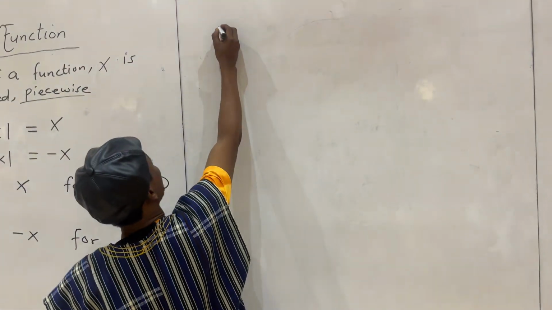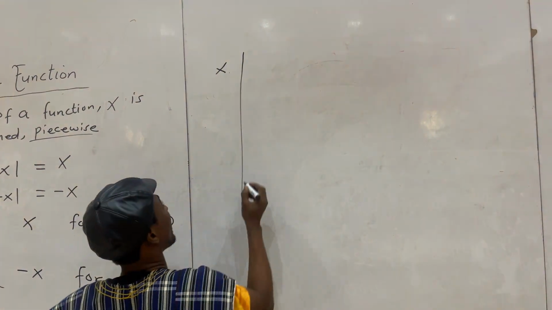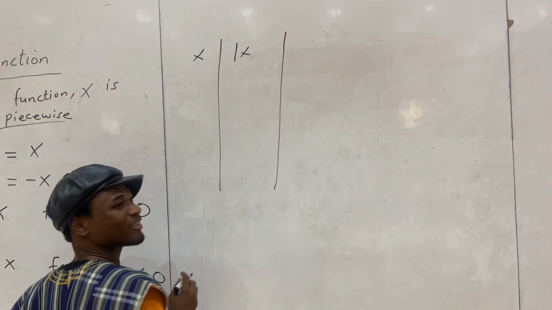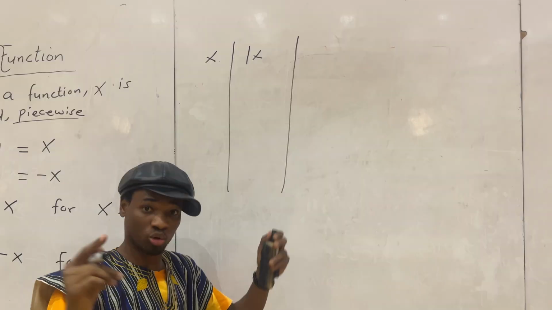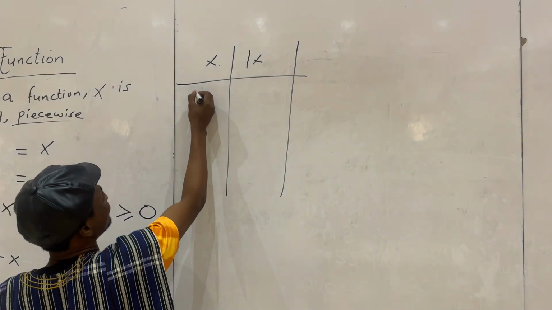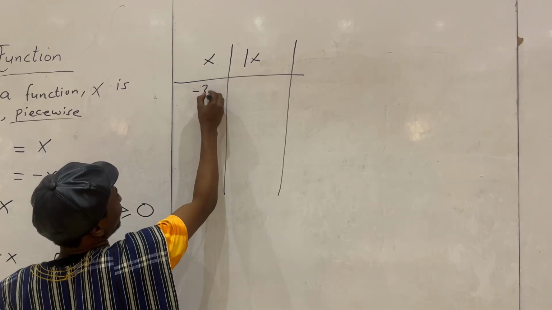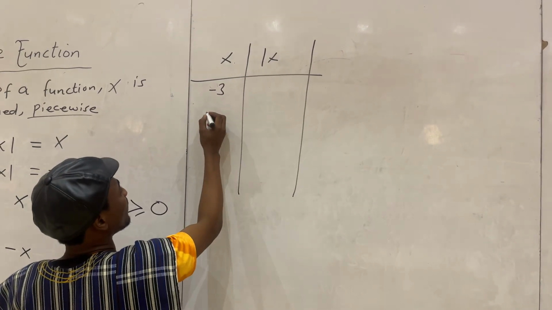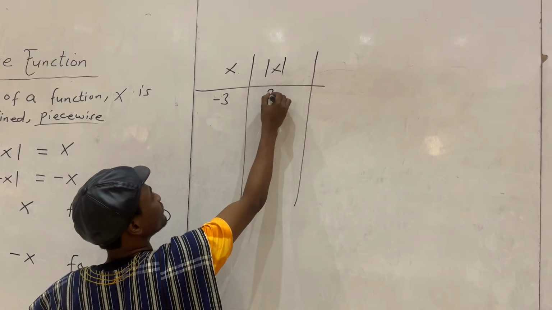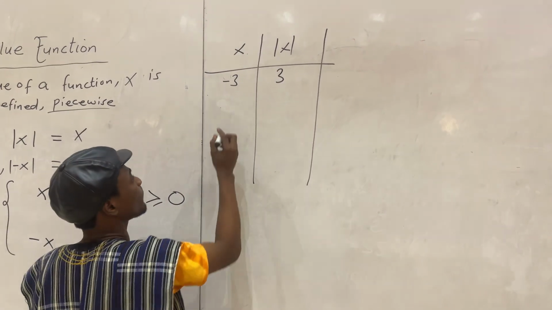So if I have x over here, and I have the absolute value of x over here, viewers, consider any values at all. Let's start with negative 3. If I have negative 3, the absolute value of negative 3 is positive 3.